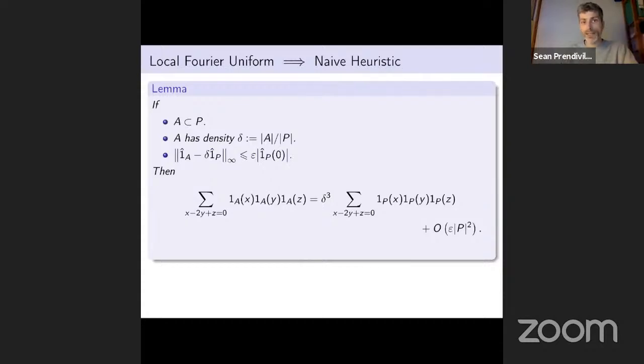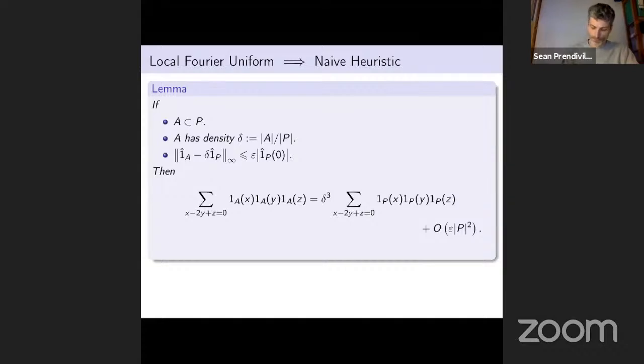So this is completely analogous to what we wrote before, and the proof works. Even though our previous lemma of this form assumed the stronger notion of uniformity, actually we didn't use that stronger notion of Fourier uniformity in the proof. The weakened Fourier uniformity suffices.